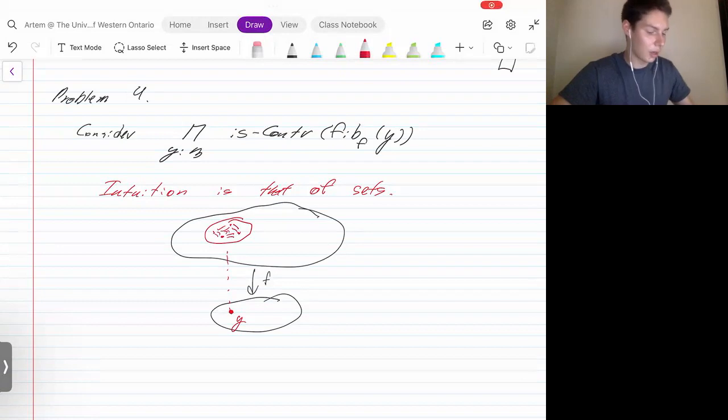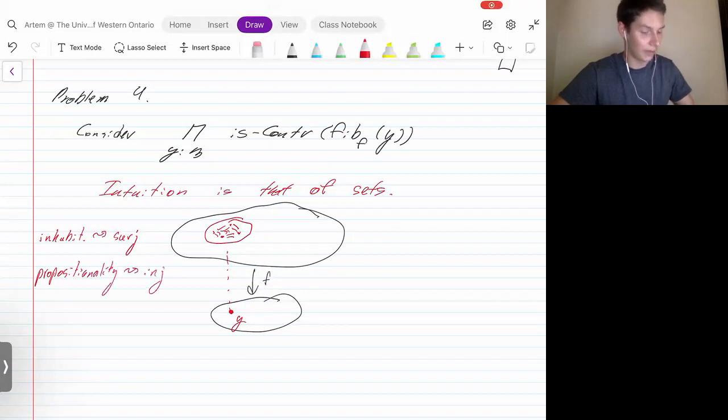So in other words, inhabitedness informally corresponds to surjectivity, and the actual proposition part corresponds to the injectivity part, that you're actually identifying the fiber.